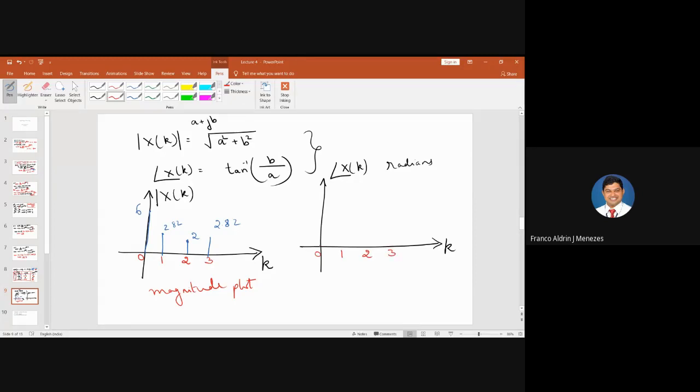For k equal to 0, the angle of X of k is equal to 0. For the next it will be plus 3 pi by 4.